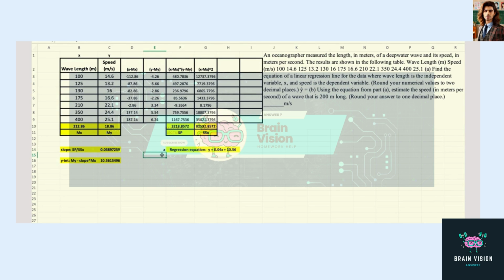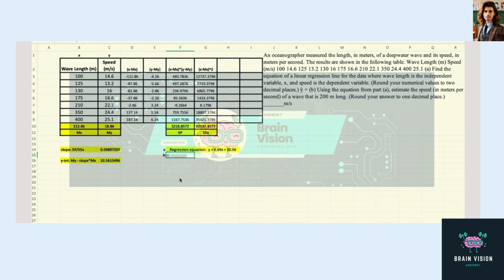And then for B, using the regression equation from part A, estimate the speed in meters per second of a wave that is 200 meters long.